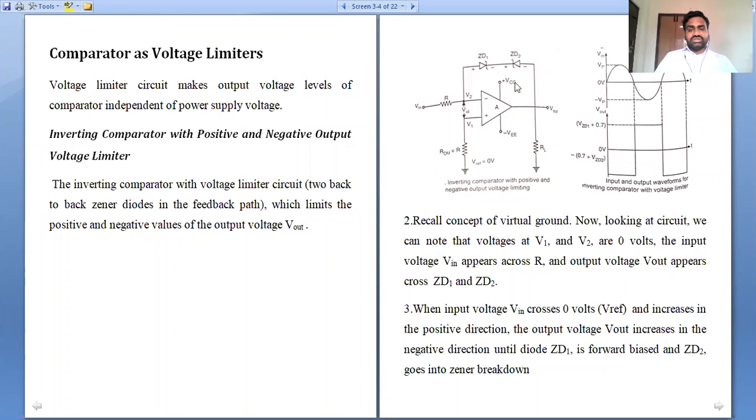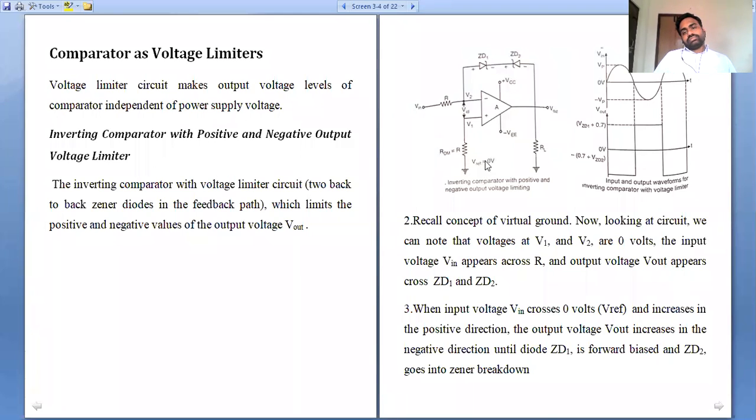This is nothing but an inverting comparator: the input voltage is applied to the inverting terminal, and the non-inverting terminal is connected with a resistance, which in most of the literature we discuss as a compensating resistance.